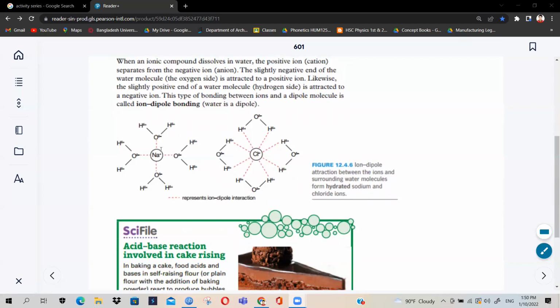Because of that, whenever an ionic compound is mixed with a dipole or polar compound, the positively charged portion will react with the partially negative portion and then distribute as shown in the picture, and the partially positive side will react with the negative portion of the ionic compound, and then they will get distributed as can be seen in the picture.